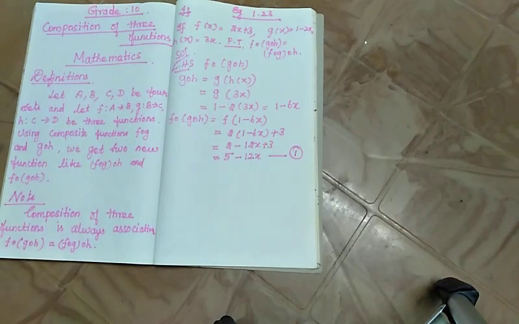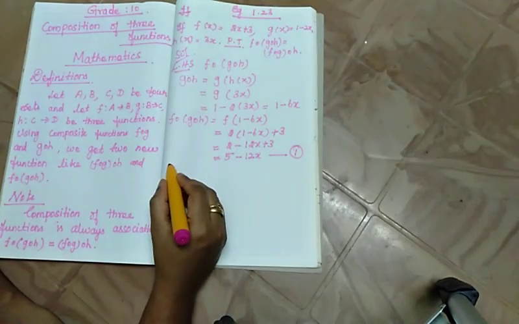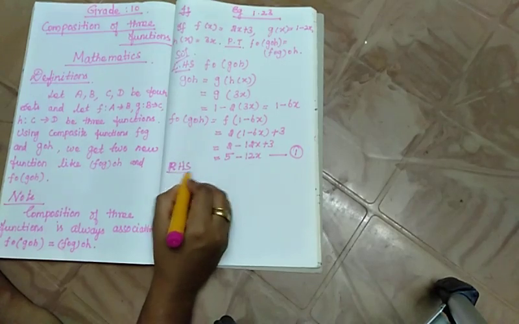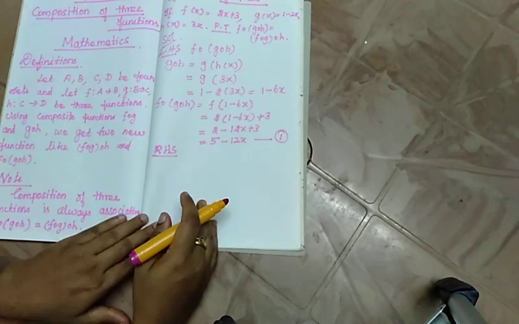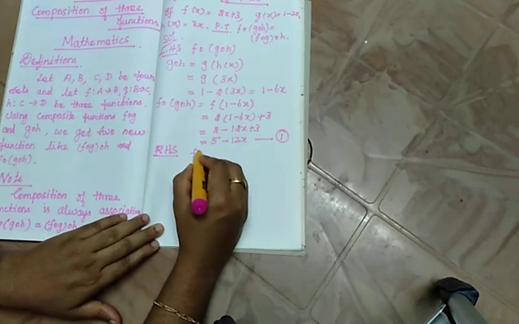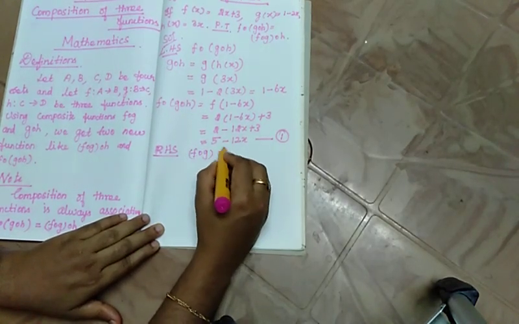So let's see whether the right hand side is also the same as the left hand side, 5 minus 12x. So what is your right hand side? (f of g) of h.